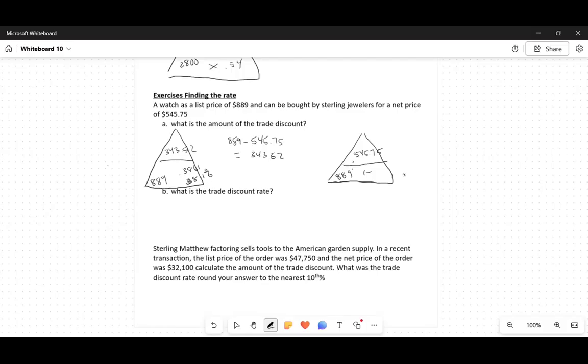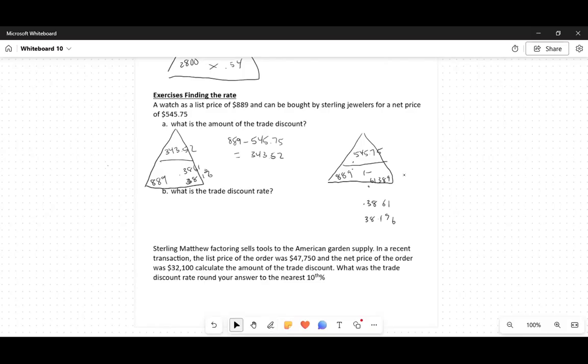So if I divide 545.75 by 889, I would get an answer of 0.61389. And I would subtract that from 1. That would give me an answer of 0.3861, or the same thing as 38.6%. So you see, I got the same result. The only difference is I had to subtract it from 1.